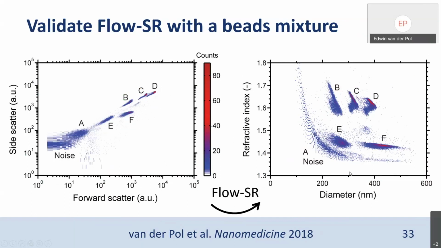And then you see that populations B, C, and D correspond to refractive indices typical of polystyrene, and populations E and F correspond to refractive indices typical of silica beads. Unfortunately, population A was wrongly identified, and that's because it was too close to the noise of the forward scatter detector.